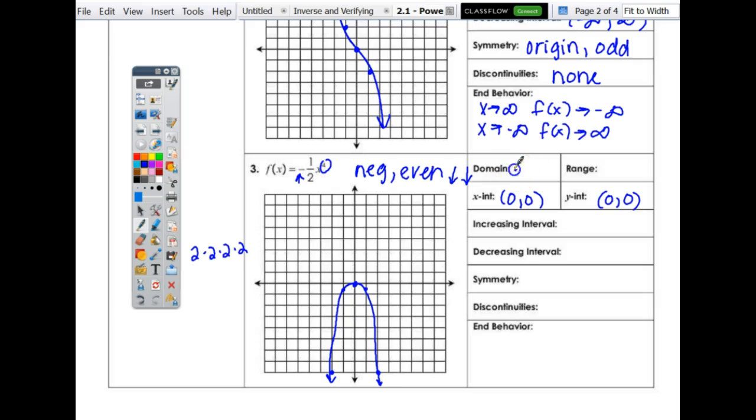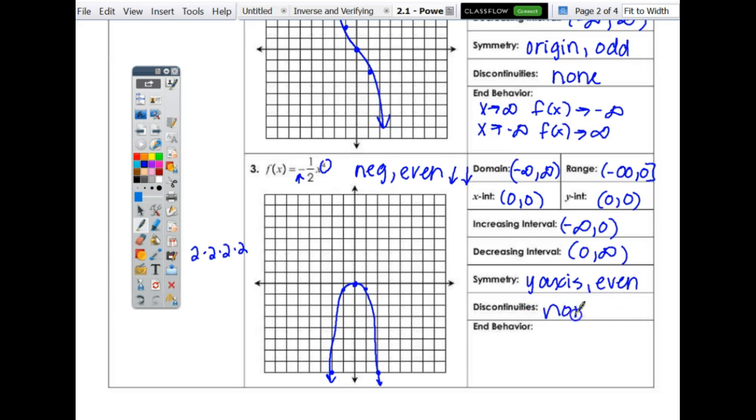So my domain is still negative infinity to infinity, but what's my range this time? Negative infinity to 0. My increasing interval is negative infinity to 0. And my decreasing is 0 to infinity. It's symmetric around the y-axis because it's even.